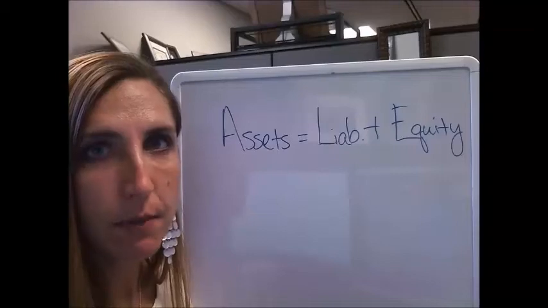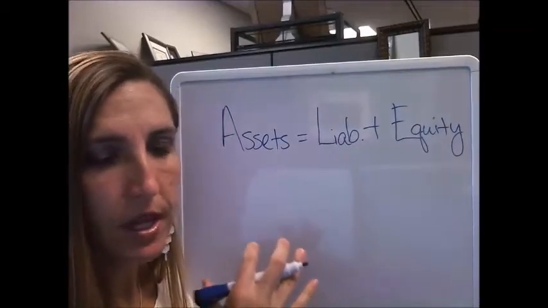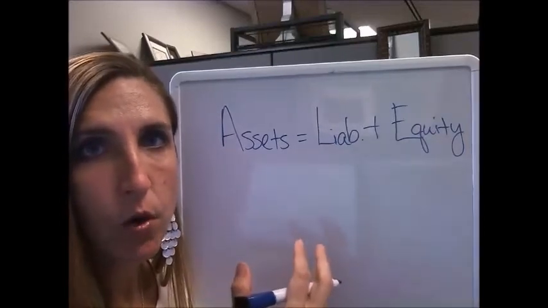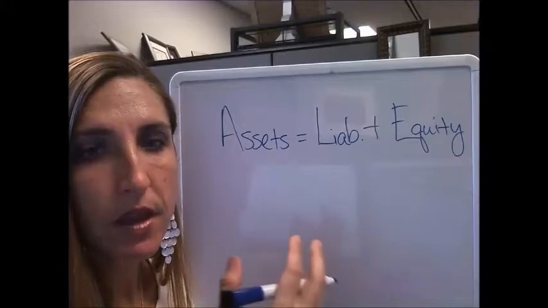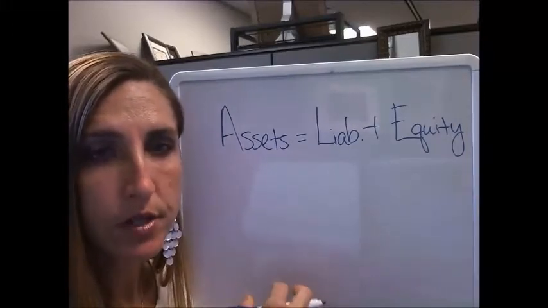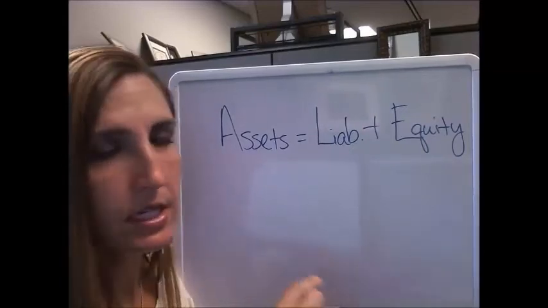Now we're going to take the debit and credit and use it in a journal entry and apply it to our accounting equation. So first we discussed what the word debit and credit mean, and that we always have to have at least one debit and one credit, and the total of your debits needs to balance to the total of your credits. Then we put it in the T account.